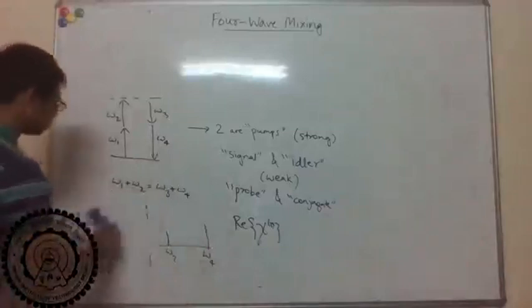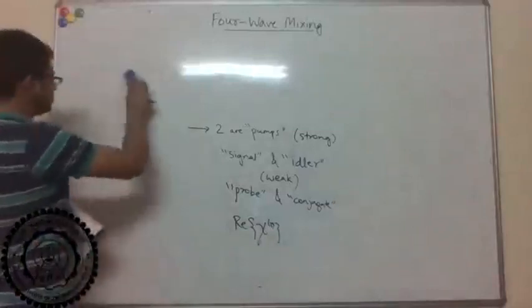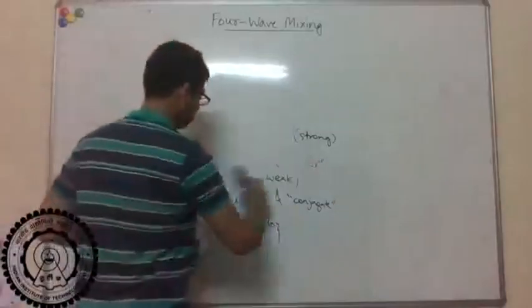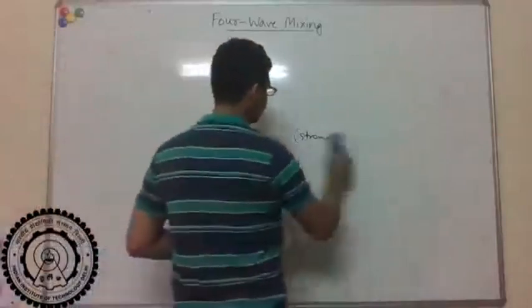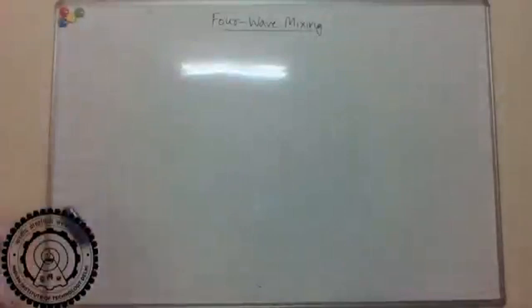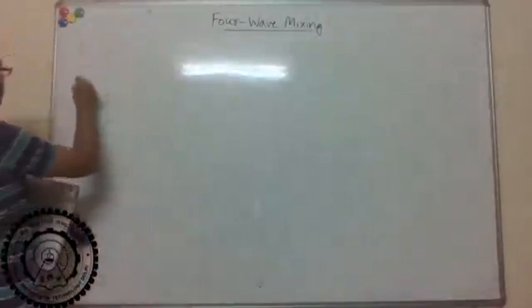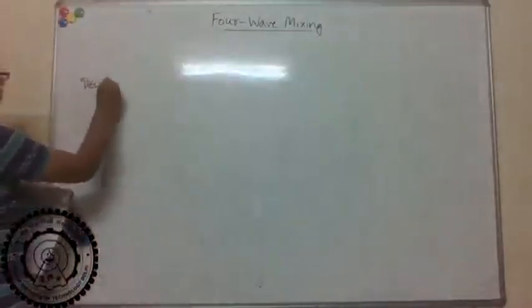Okay, so we'll see some specific four-way mixing interactions now. The first one, let's consider a case where all four frequencies are the same. That would be degenerate four-way mixing.